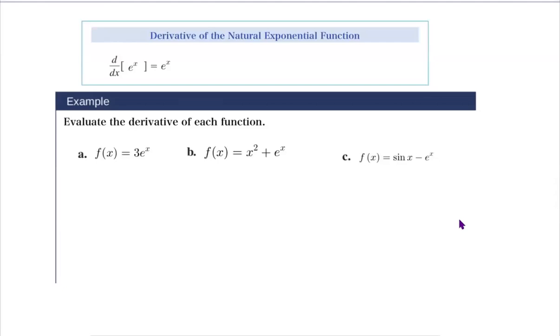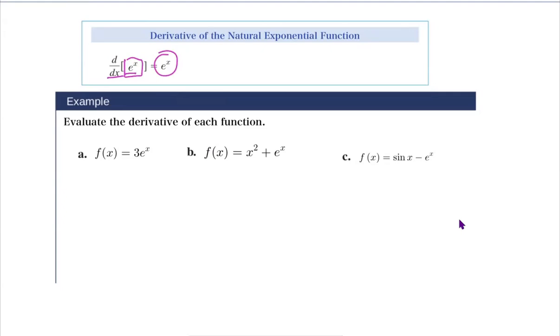Now let's see the derivative of the exponential function. Well, that's the easiest thing you can ever face. Derivative of exponential of x with respect to x is itself. E to the x, its derivative is itself.